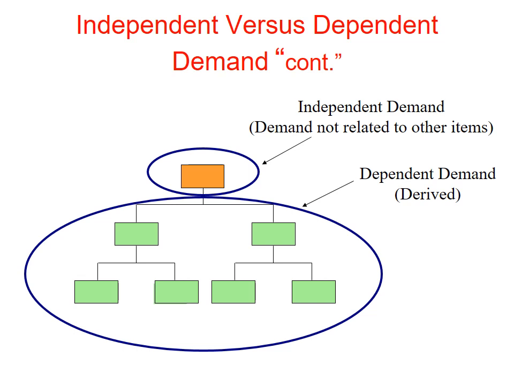These items are derived from the need to produce a certain amount of the finished product. We can determine or derive material requirement planning from the dependent demand.